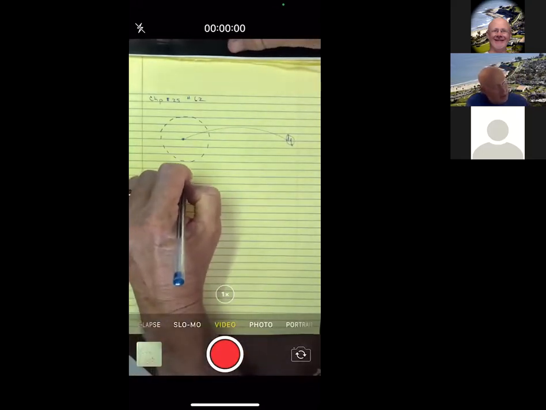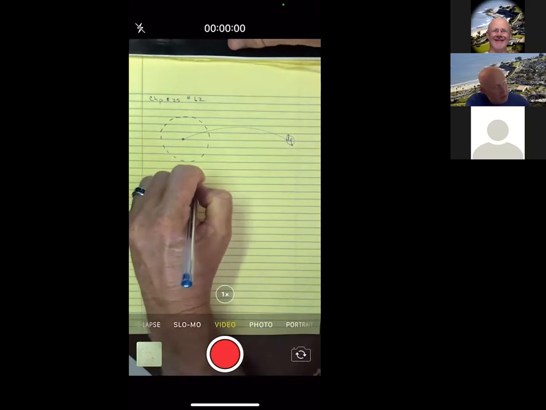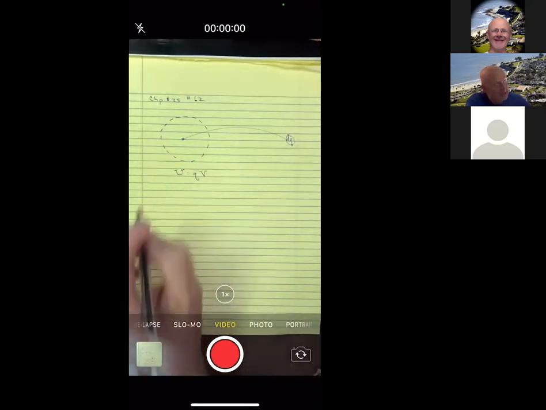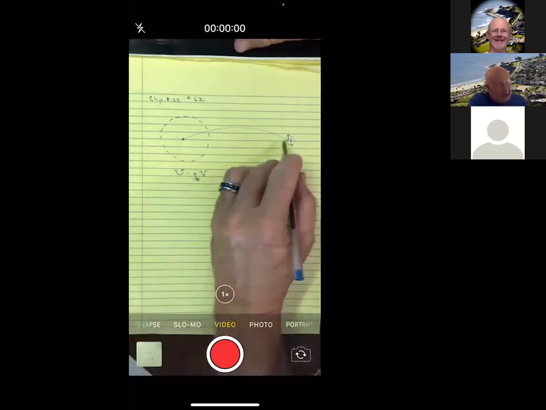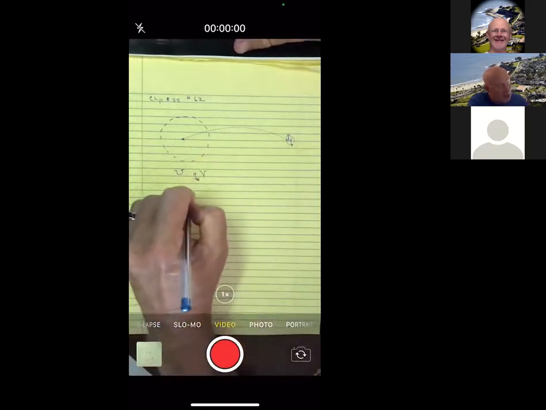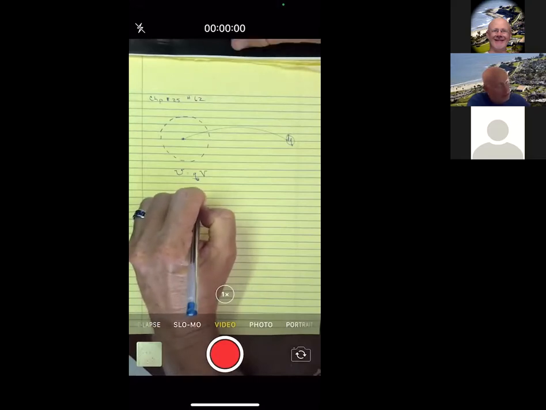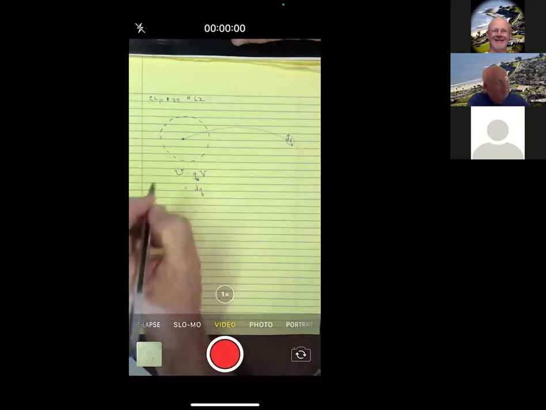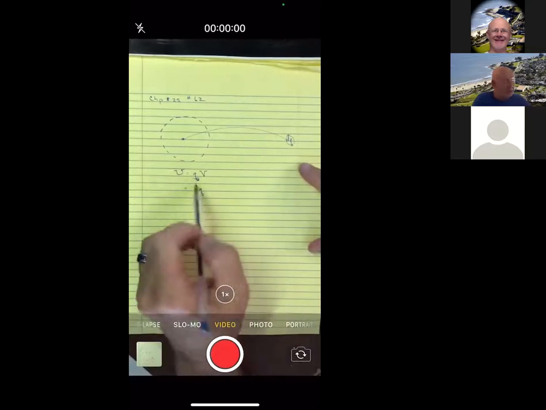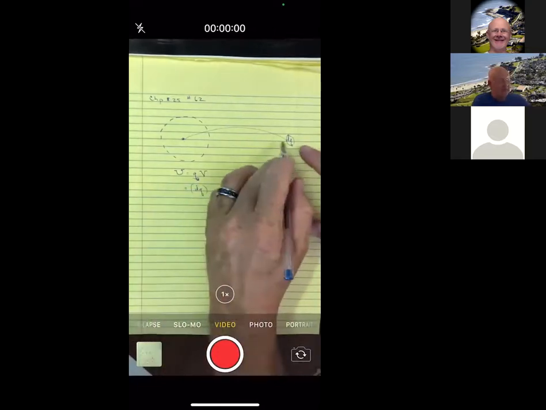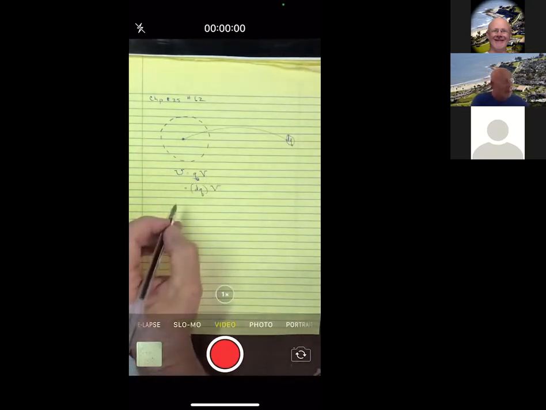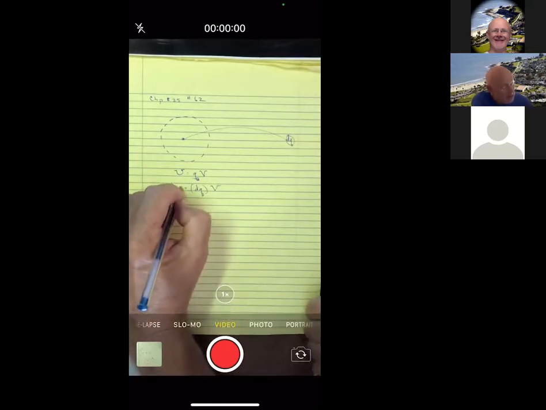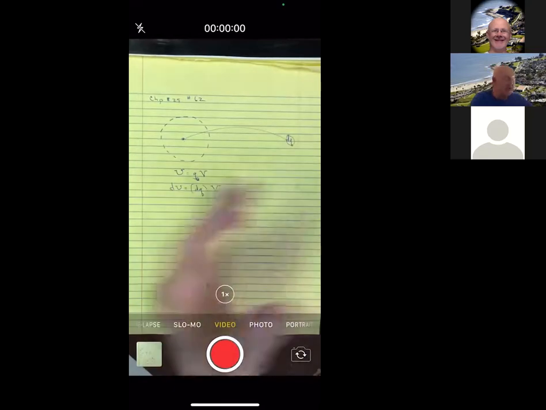I'll start with the equation U equals Q times the potential. But since we're talking about placing a small amount of charge, I probably should write it like calculus, dq. So I'm taking a small amount of charge, dq, and placing it where there's some potential. That would take a small amount of energy, dU, because then I'm going to do it again.